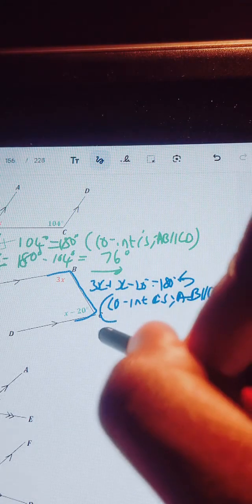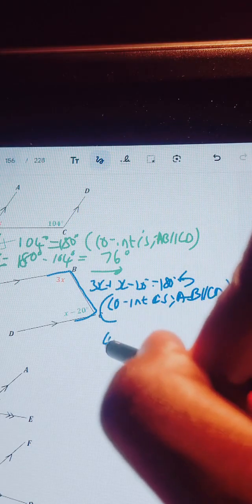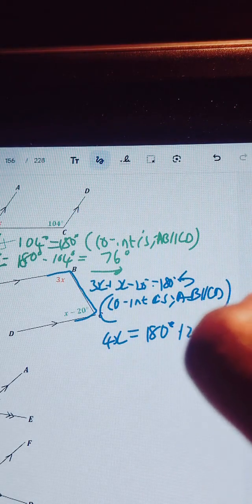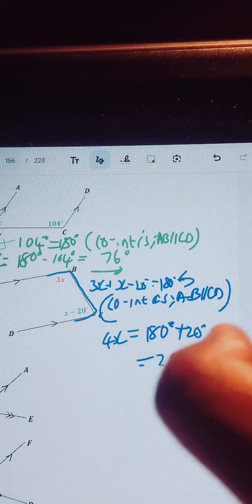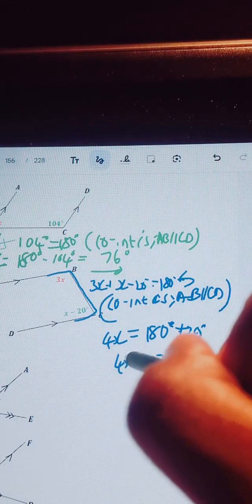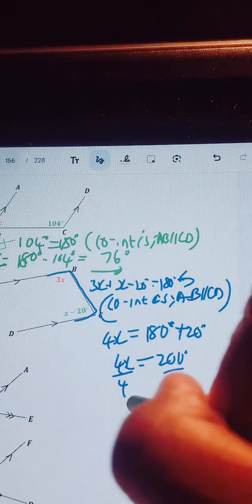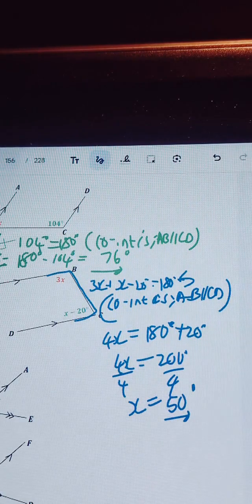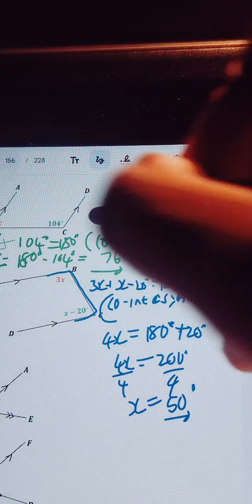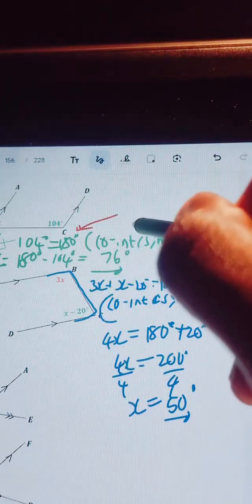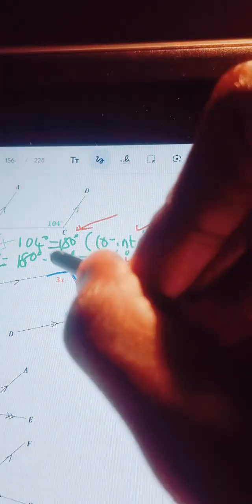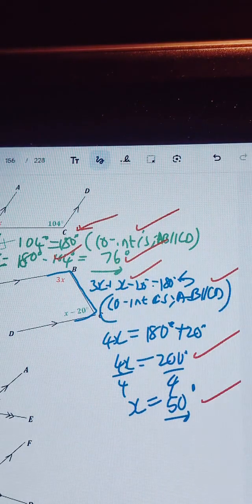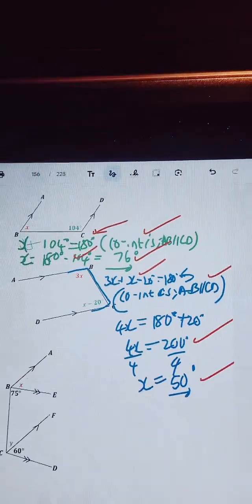Then when you solve, 3x plus x is 4x. We transpose the negative 20, 180 plus 20, you get 200. Divide both sides by 4, you get x is equal to 50 degrees. So far we are 100% on statement, reason, calculation, answer.